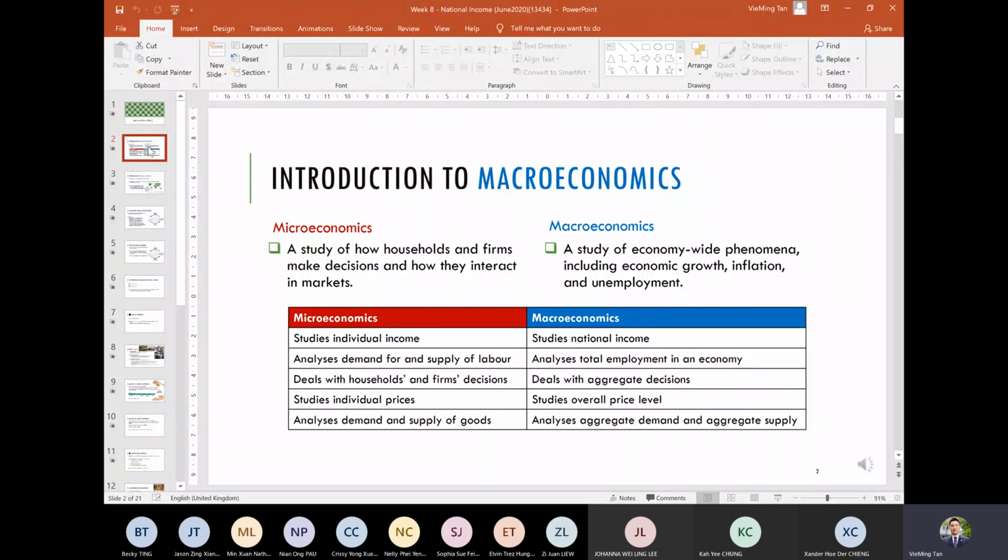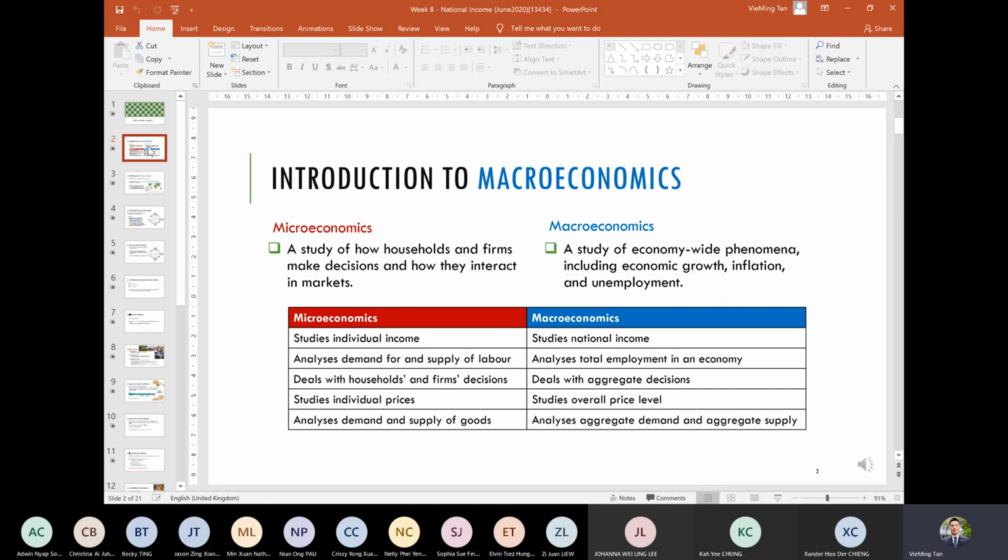Actually, microeconomic study is analyzing how the individual household and the firms, or called the seller, respond in the economy. So in short, for microeconomics, we only study individual household or firm behavior. It's a small part only, in terms of the response to product price change.